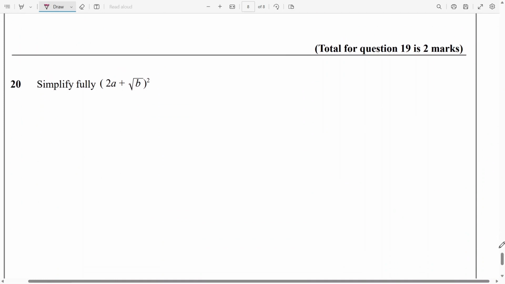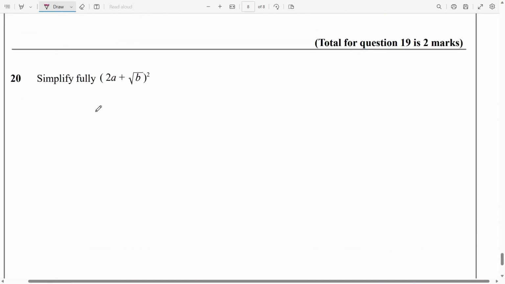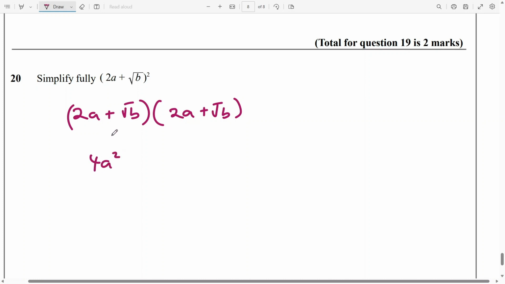So we have this. We need to simplify this. So we have 2a plus root b, all squared. So we're going to expand that. So 2a times 2a, that's 4a squared. And 2a times root b, that's 2a root b. And same for here, that's 2a root b.